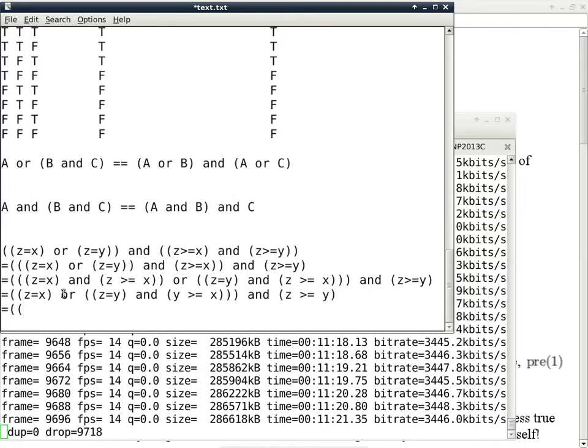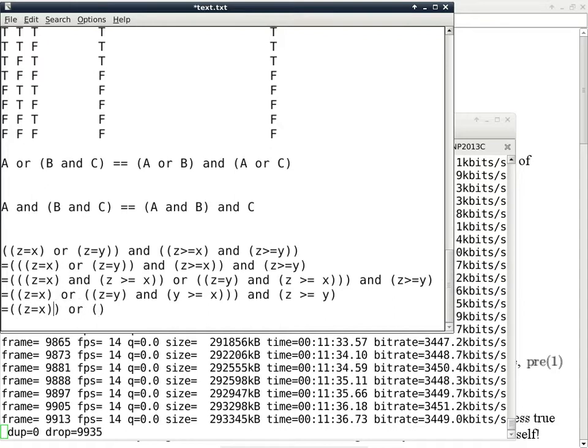So once again, we have a disjunction in the middle, and we want to distribute these two terms over this term here. So we'll have z equals... So we'll end up with something or something.